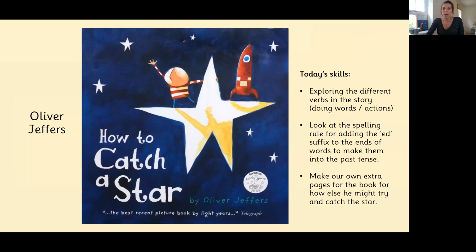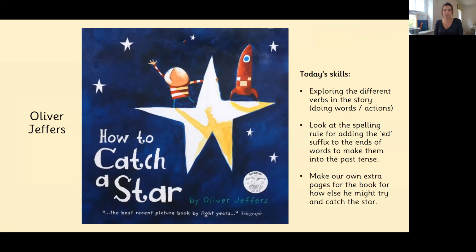And what we're going to be doing today, let me just share my screen so that you can see what we're going to be doing. So we're going to be having a look at the different verbs in the story. Now, if you haven't heard the word verbs before, don't worry. A verb is just a doing word or an action word. So we're going to be looking at all the action words, all the verbs that the boy tries out in the story.